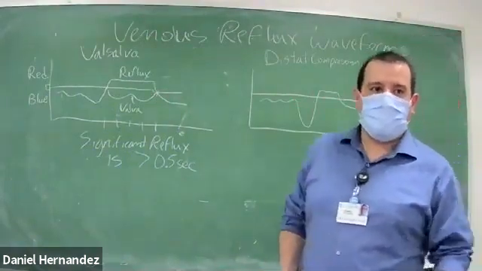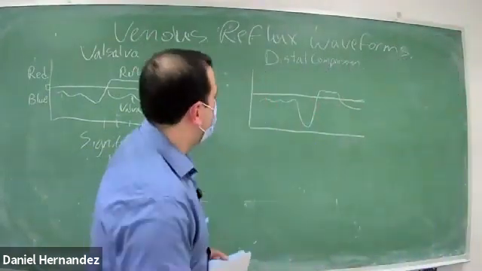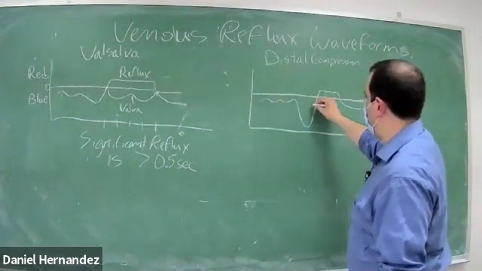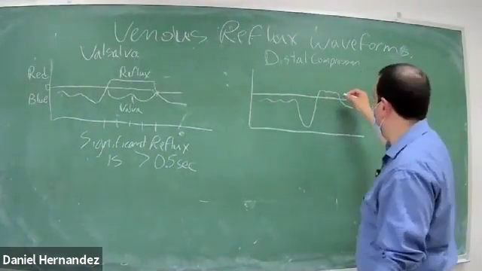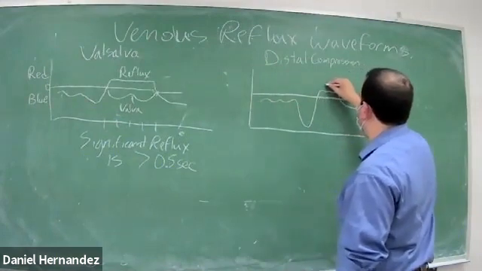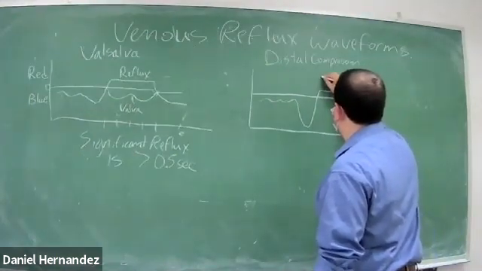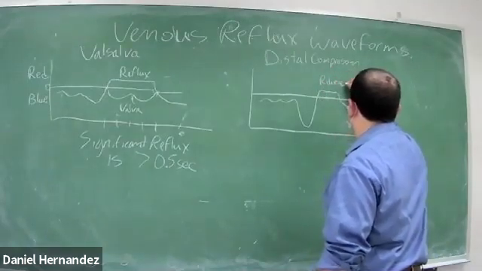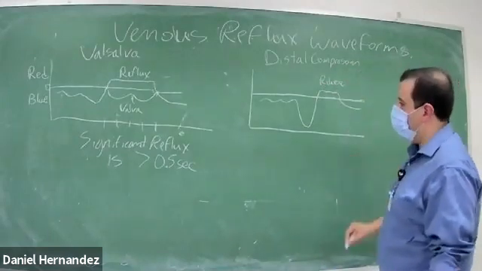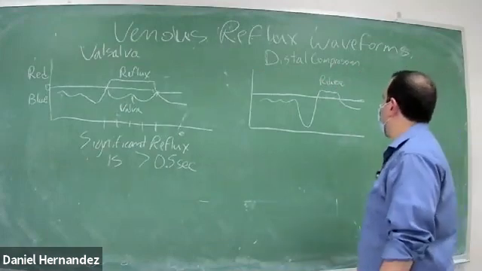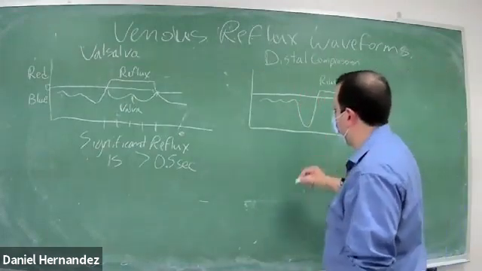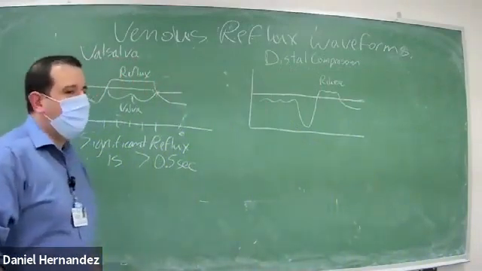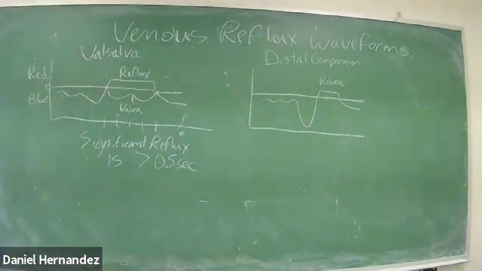So we have our probe higher up in the leg and we're squeezing lower down, say by the calf. So our normal response, we have our normal venous waveform. When we squeeze by the calf, we should get an augmentation. That's normal. But if there's reflux present upon release, so this is release, we then get a reversal of flow.